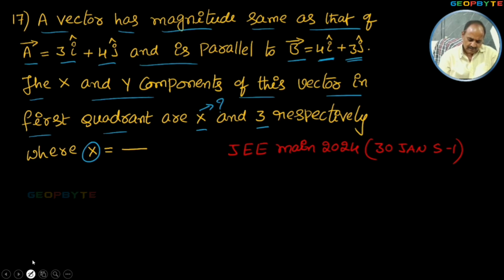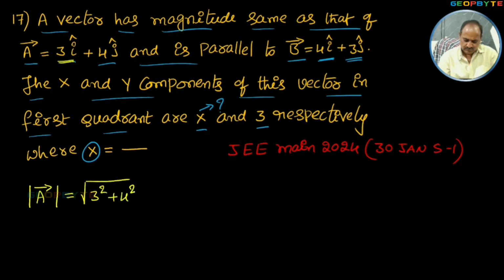Here, indirectly he is asking what is the x value. For that, let us find the magnitude of A. Since A bar is given, 3 i cap plus 4 j cap, I can say the magnitude is root of 3 square plus 4 square, which is equal to 5.